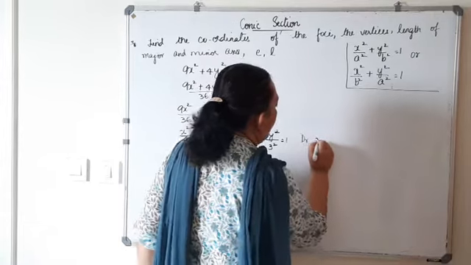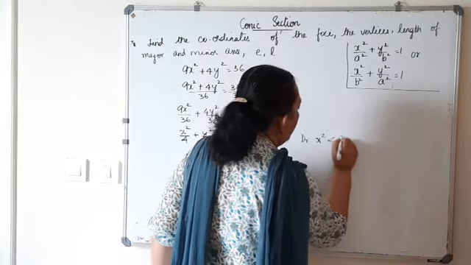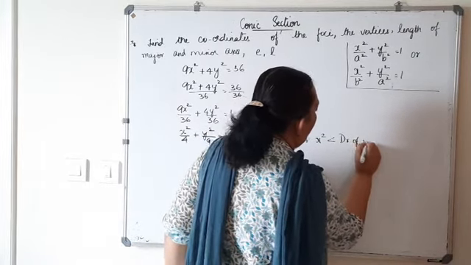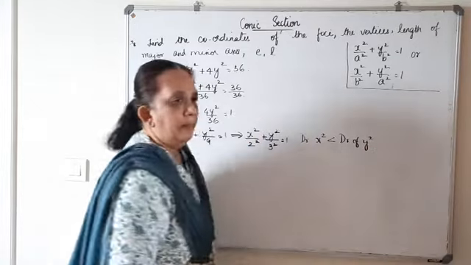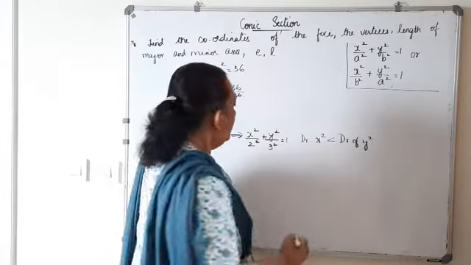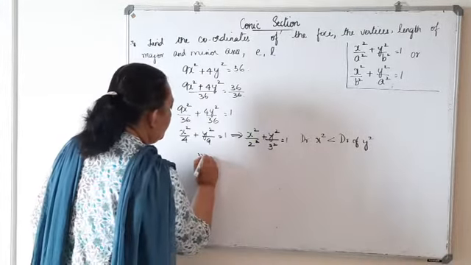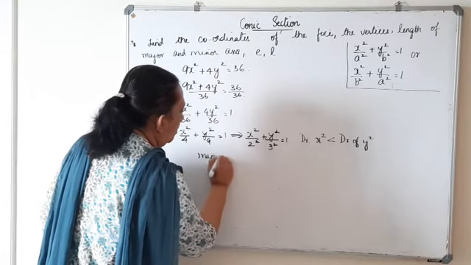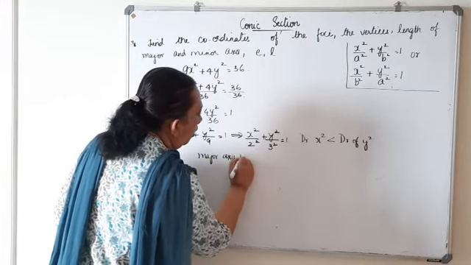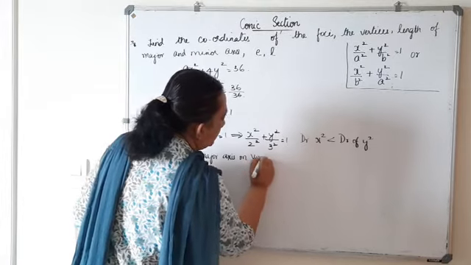Denominator of x squared is less than denominator of y squared. That means the major axis is on the y-axis.